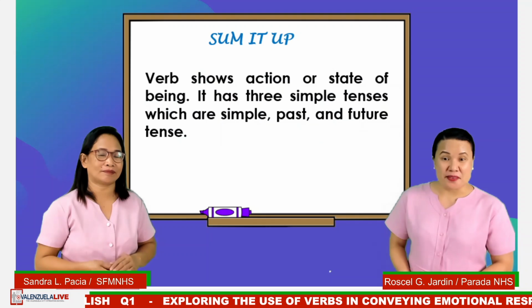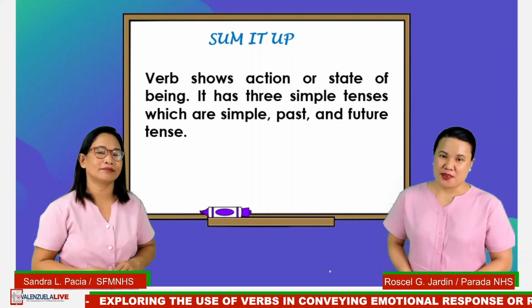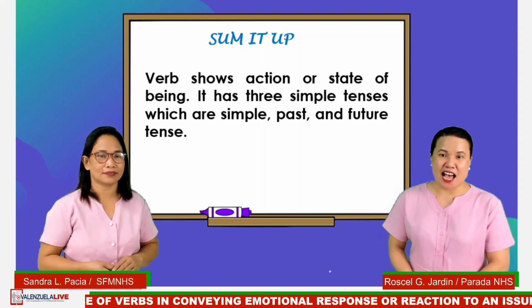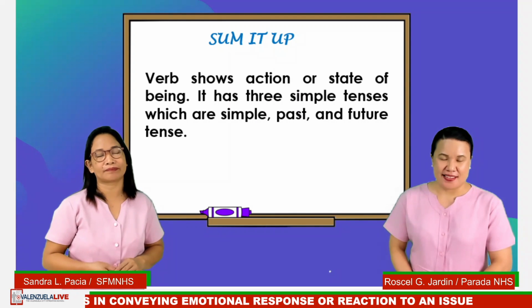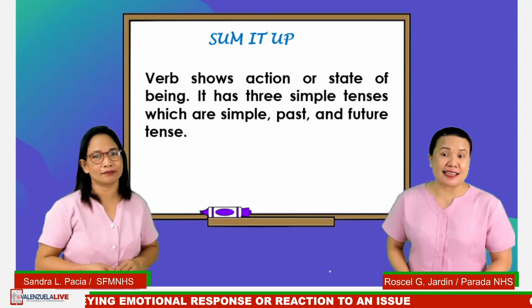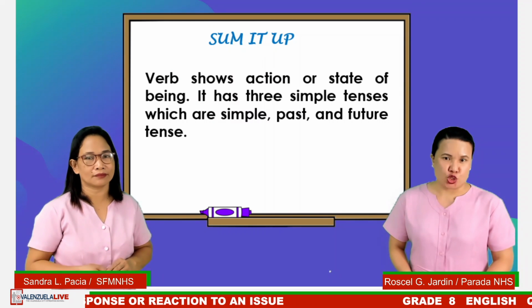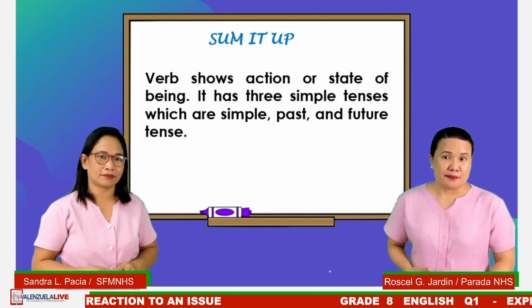To sum up what we have discussed today, we learned that verb shows action or state of being. It has three simple tenses, which are simple past, future, and present.